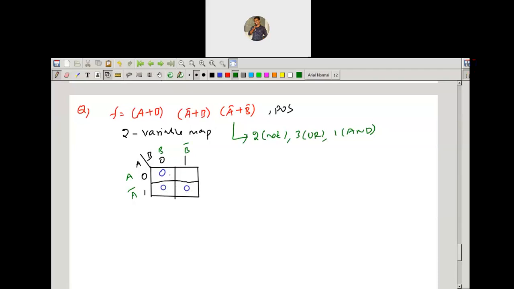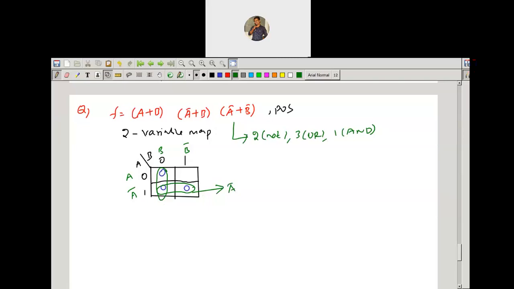You can group only two cells here, and one more two-cell grouping. Now coming to this one, what is the expression here? On the left side you have one variable, A bar. Take it as A bar, and on the top side there is no common variable.